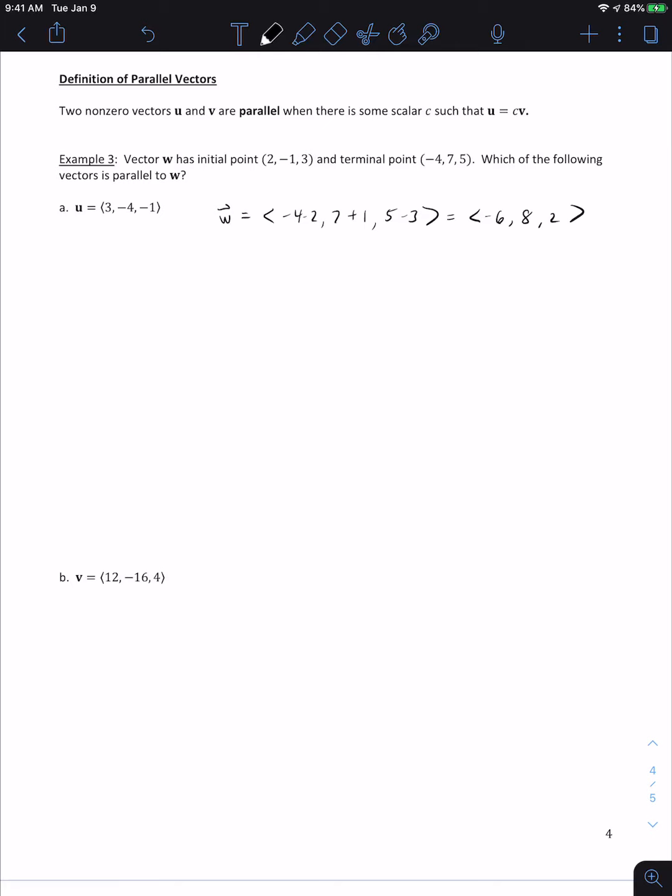And now I need to find if they're parallel, right? We want to find a scalar c such that u is equal to, or actually in this case it doesn't matter if I do a u or a w, so we'll just write w is equal to c times u.